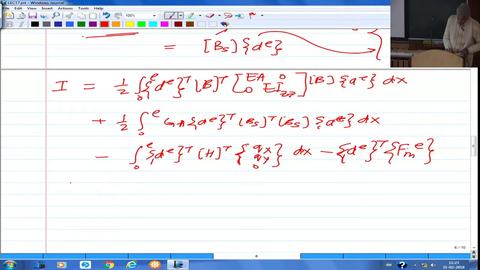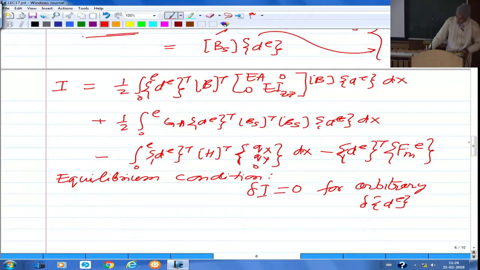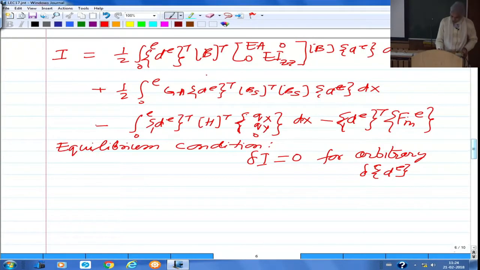And now see, if we take equilibrium condition, so we now bring in the equilibrium condition in terms of the psi. So basically we are saying that delta I equal to 0 for arbitrary delta D. So if you follow all the steps what we did earlier, only thing is now we have one term here, another term here, otherwise the rest of the things are same.